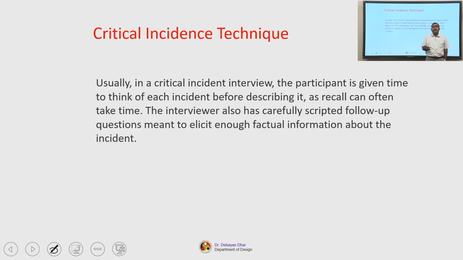Now, usually in a critical incident interview, the participant is given time to think of each incident before describing it, as recall can often take time. The interviewer has also carefully scripted follow-up questions meant to elicit enough factual information about the incident.